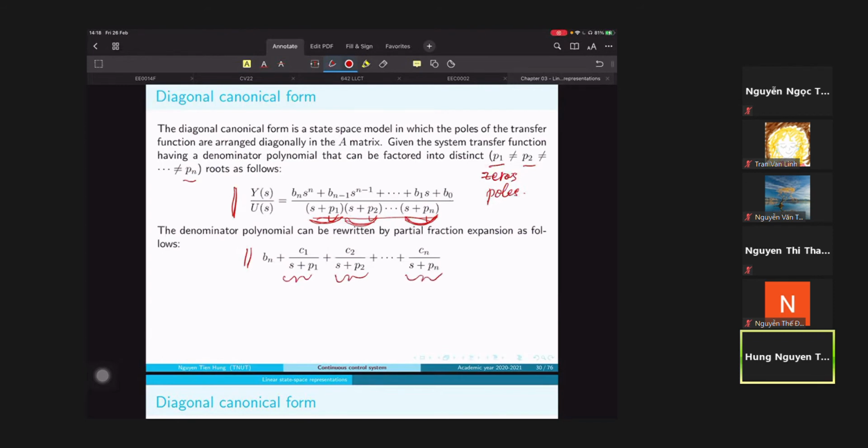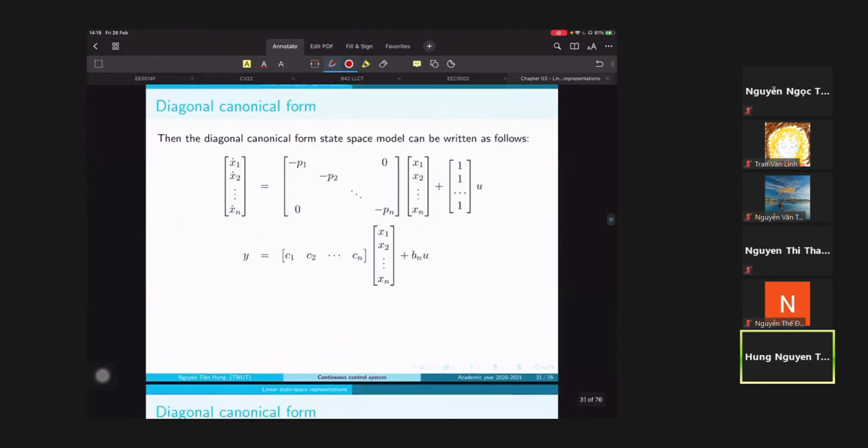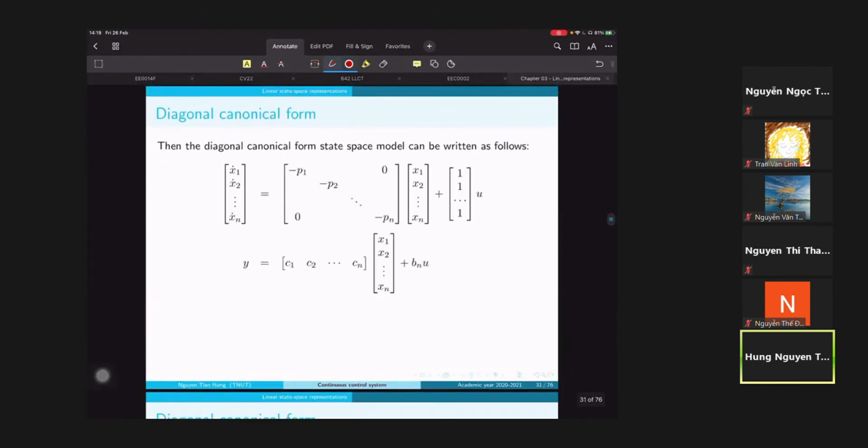The problem is that we have to find C1, C2, up to Cn. If you can find C1 up to Cn in this form, then we can represent the system in this form.